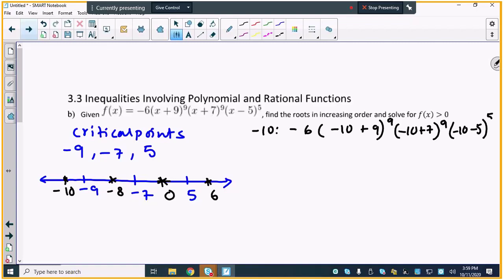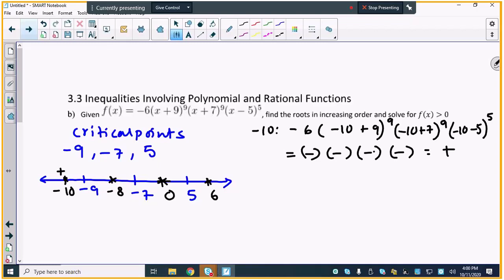And again, I'm only worrying about the sign. So I get a negative sign. Negative 10 plus 9 is negative. Negative to the power odd is negative. Negative 10 plus 7 is negative. Negative to the power odd is negative. Negative 10 minus 5 is negative. Negative to the power odd is negative. So 4 negatives will give me a positive, and that's my final sign.